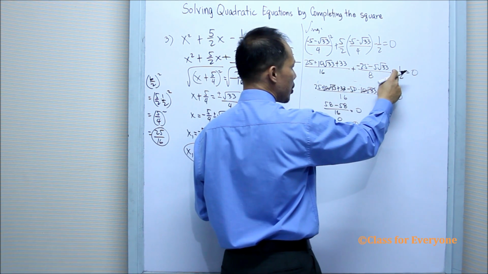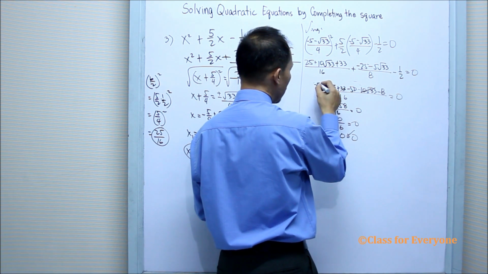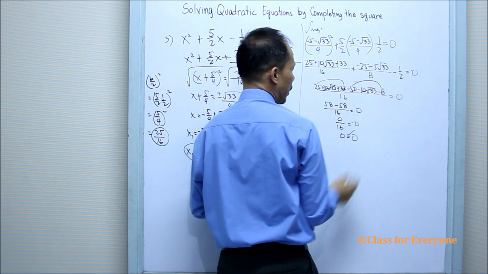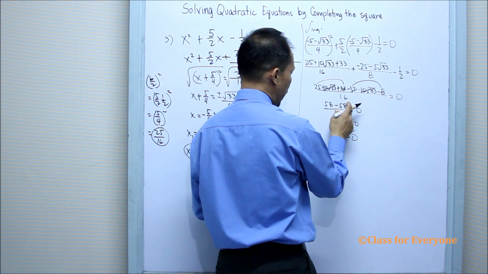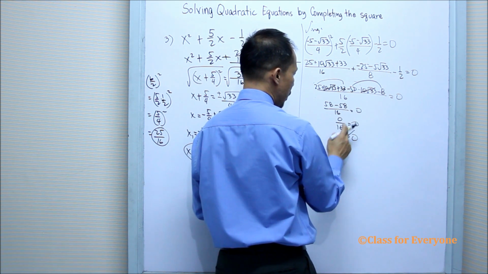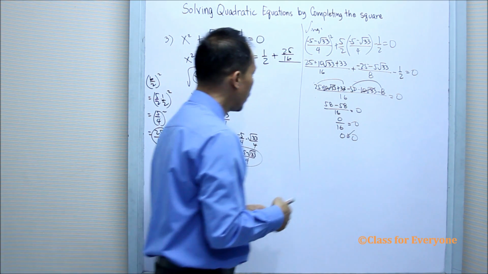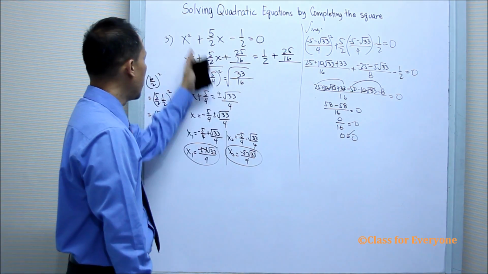And then minus 8. Then combining, 25 plus 33 is 58, negative 50 and negative 8 is negative 58. 58 minus 58 is 0 over 16. 0 divided by any number is 0. Therefore, the two roots are the values of the unknown.